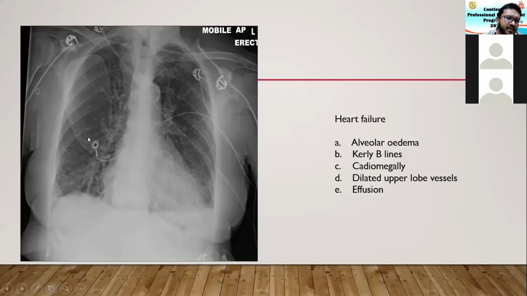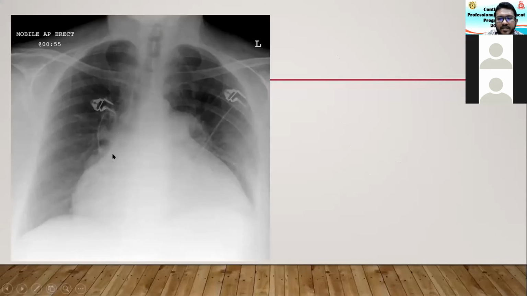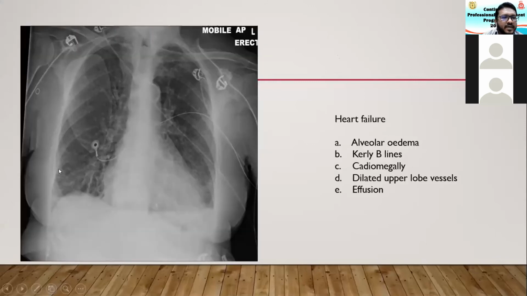Usually these pulmonary shadows should reduce in intensity when going out to the chest wall. But here you can trace them up to the chest wall, and there are tiny lines which are called interstitial septal thickening or Kerley B lines. These are what you call Kerley B lines.